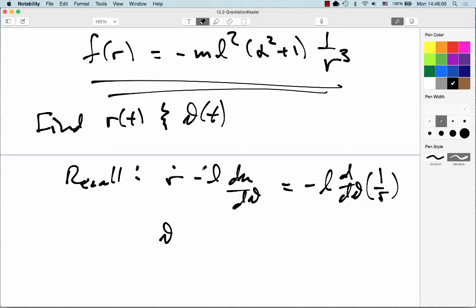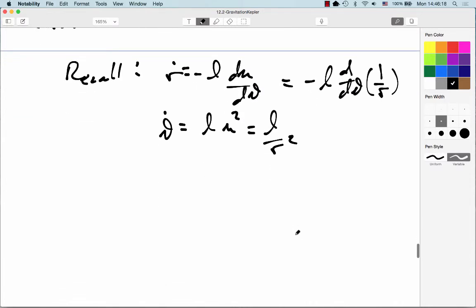And theta dot equals L u squared. So that's L over r squared. So we get theta dot will be equal to L over k squared e to the minus 2 alpha theta.